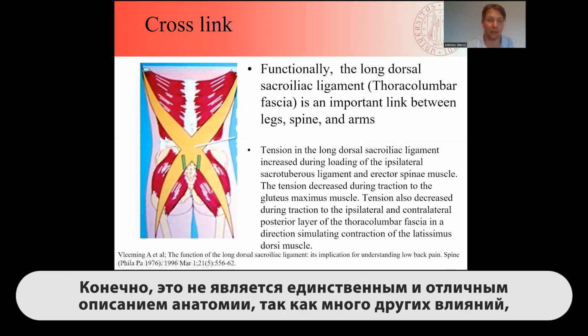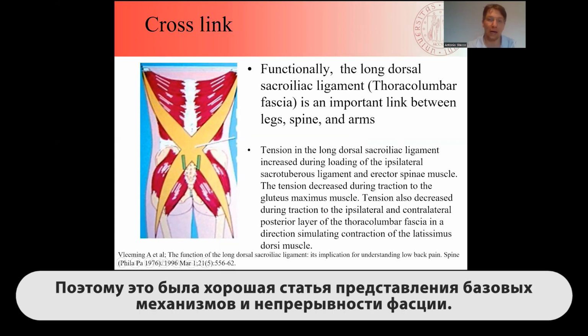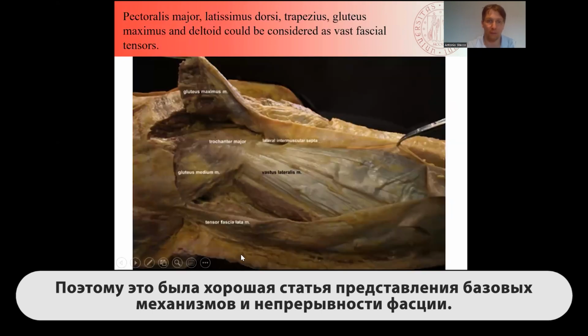Honestly, we don't think that this is the perfect and isolated solution of all the anatomy, because there's other components that can help for this transmission. But this can help you to understand when you run how these structures work together, how the tension is generated and can be transmitted down to the leg. So it was a good article to introduce these concepts, introduce a continuity.